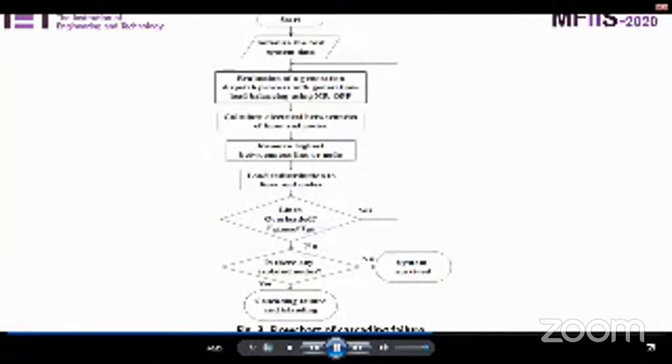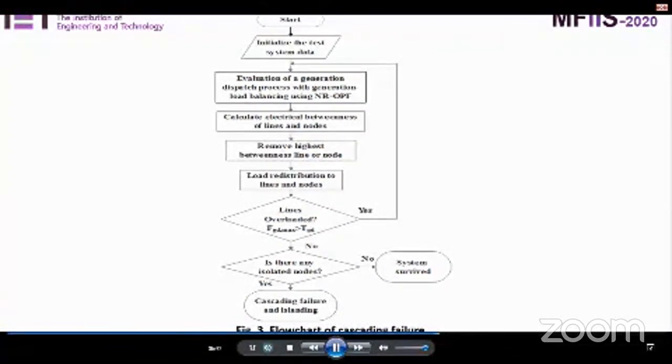At first, the system is initialized. Then evaluate the generation dispatch process using generation load balancing Newton-Raphson optimal power flow. Then the value of electrical betweenness is calculated. After that, for assessing the cascading failure, attack scenarios are simulated by removing the highest electrical betweenness line or node. Load redistribution among neighboring lines occurs.